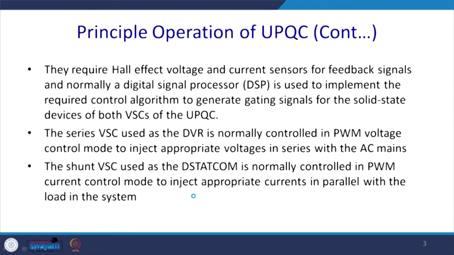Generally, to sense the current we have Hall effect voltage and current sensors, LEM kind of devices, for feedback signals, and nowadays we generally implement this in the digital domain. So the signals need to be fed into the ADCs, and from the ADCs they go to the DSP or the FPGA system to generate the control pulses.